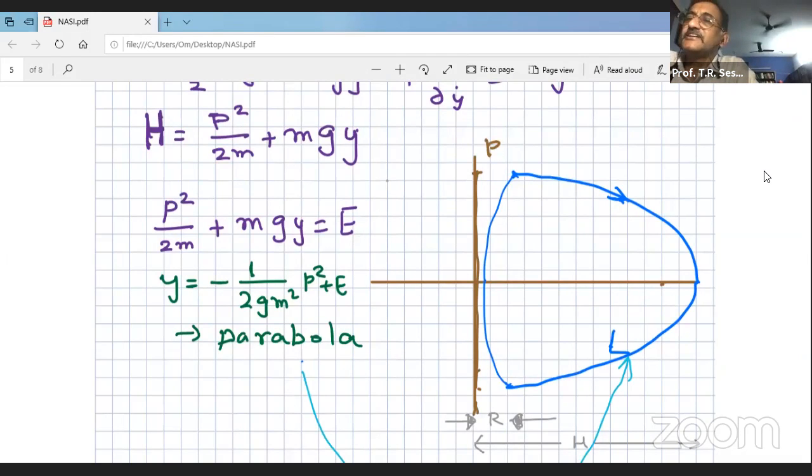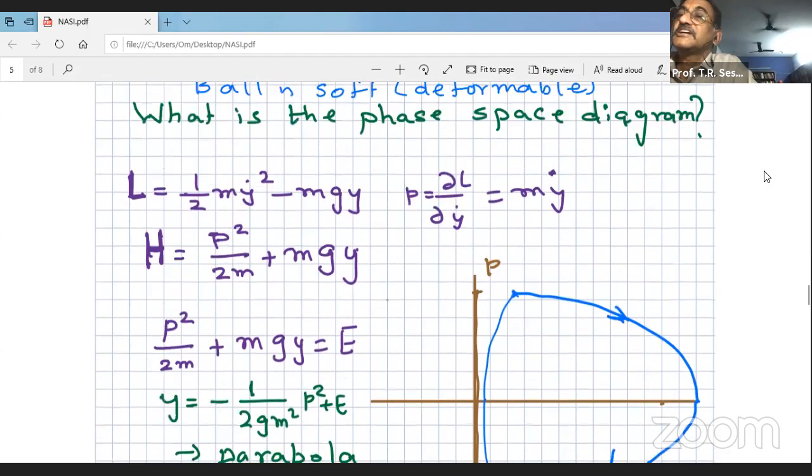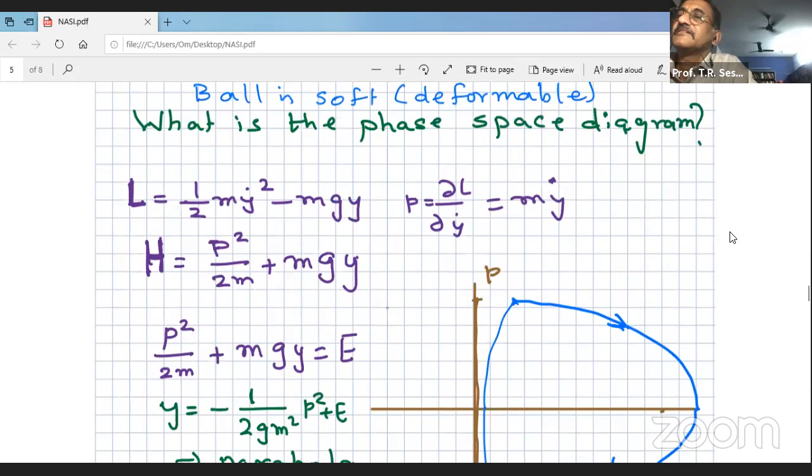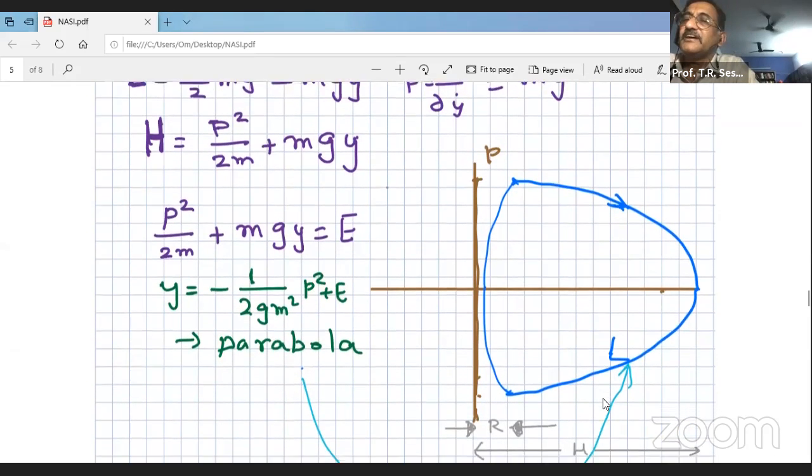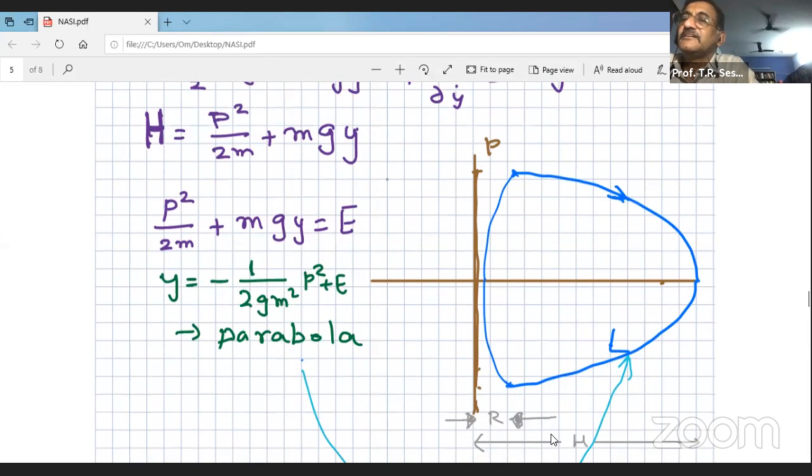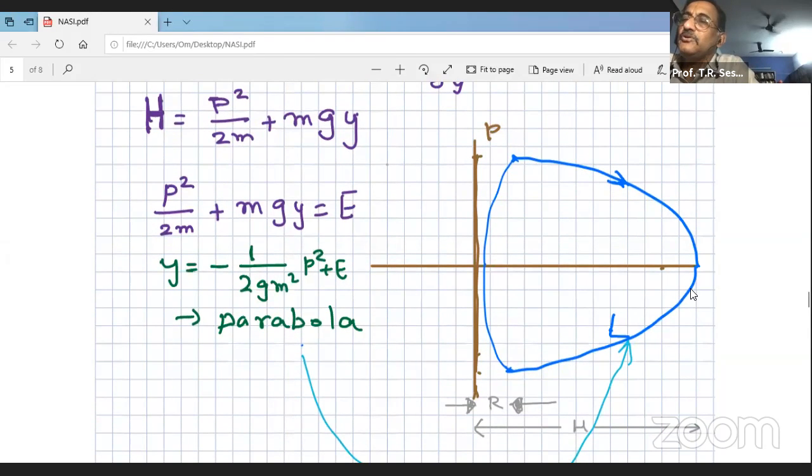If you take the cursor and go to the right side on the diagram, this is the point h. So this is the maximum value of the height.